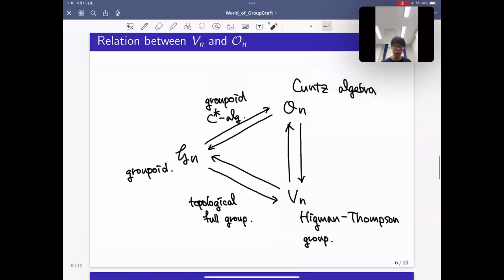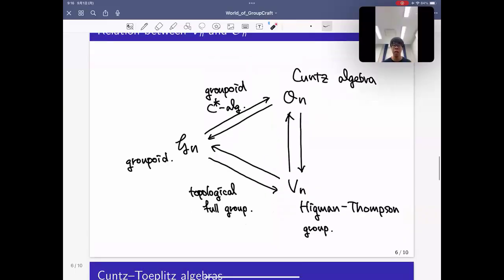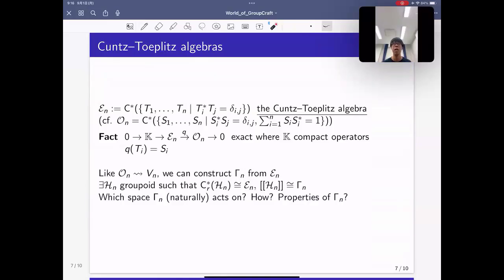Now, we will consider a generalization of the Higman-Thompson group. In operator algebra, the Cuntz-Toeplitz algebra is known, which is a generalization of the Cuntz algebra. Here is the definition. The Cuntz-Toeplitz algebra is defined as a universal C*-algebra generated by T1, T2, up to Tn with this relation.